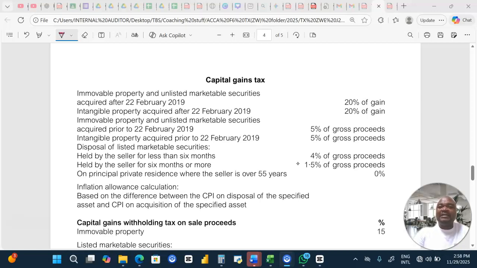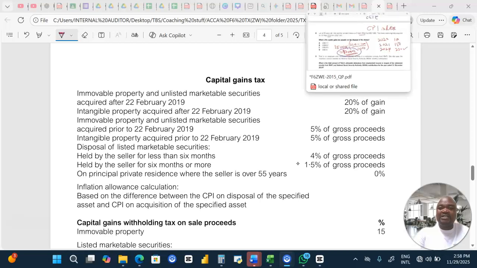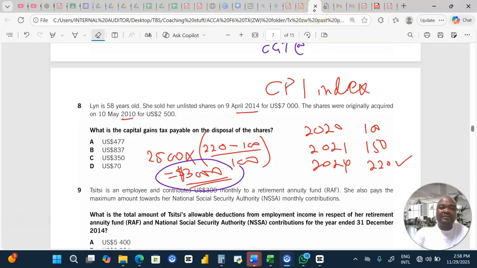So the individual in question, Lynn, remember this is our question. She sold the unlisted shares on 9 April 2024, right?